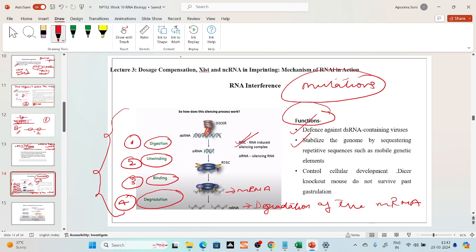Then, control of cellular development. Dicer knockout mice do not survive past gastrulation. So that means, in cellular development, we all know that there has to be a limit up to which a gene has to be expressed and an organism has to grow. So you cannot have fingers which are growing for an indefinite period of time. It has to stop.